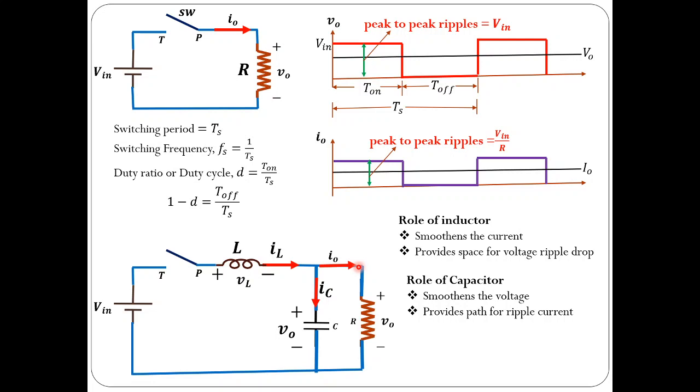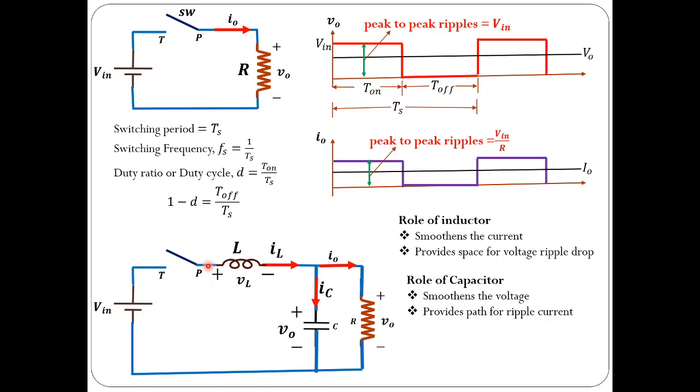But we have one more problem with this circuit. As long as you are closing the switch, there is no problem; the current through the inductor would rise slowly. But after some time, if you open the switch, there is no path provided for the inductor current, because the switch is open and that path cannot be taken.